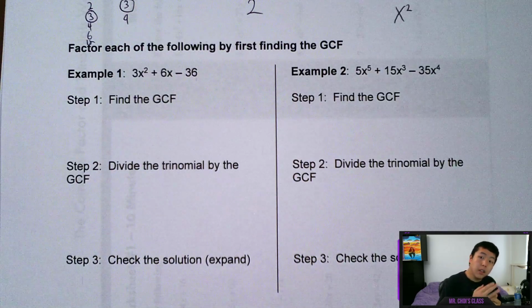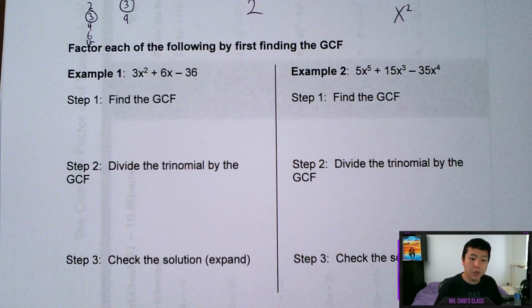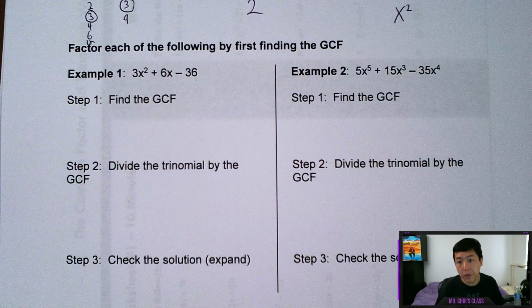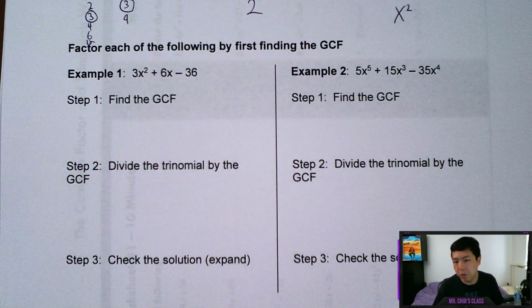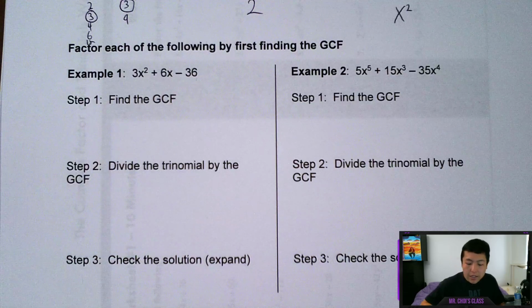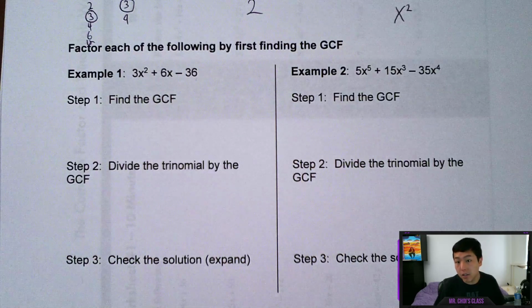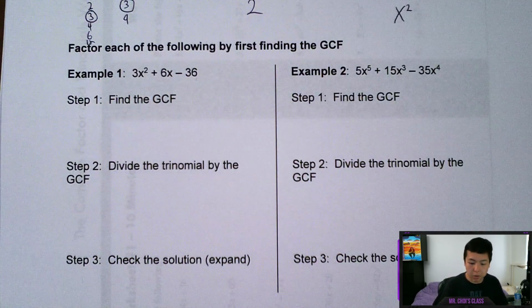So we look at the smallest number because that has the least amount of factors, which is going to narrow down what factors I can use. So I'm going to look at 3, and since 3 is the factor I can use, is 6 divisible by 3? Yes. Is 36 divisible by 3? Yes. So 3 must be the greatest common factor.